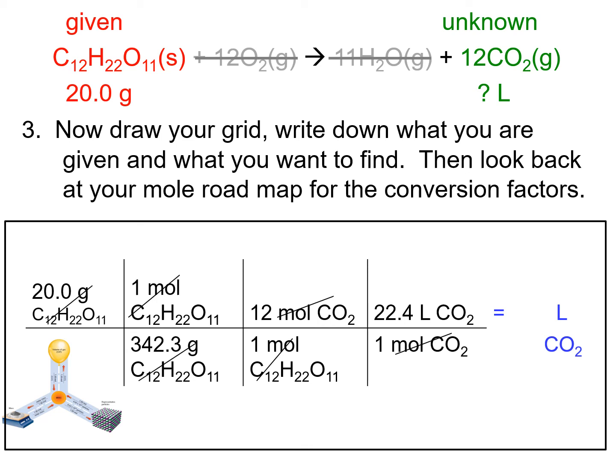I'm left with liters of carbon dioxide, which is what I want to find, so it's just time to do the math. 20 times 12 times 22.4 on the numerator side, divided by 342.3 on the denominator. I can ignore any ones because they do not change the result. If you do the calculation correctly, you should get 15.7 liters of carbon dioxide are produced by eating 1 donut.